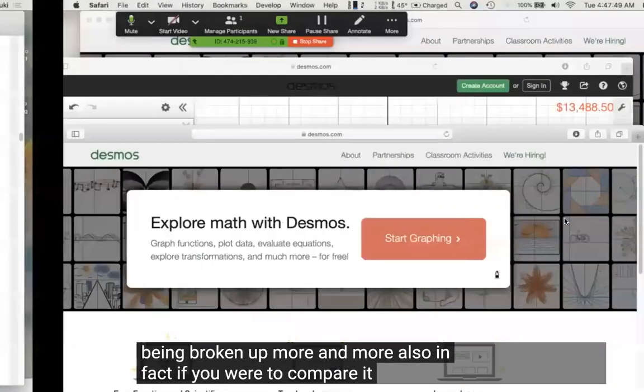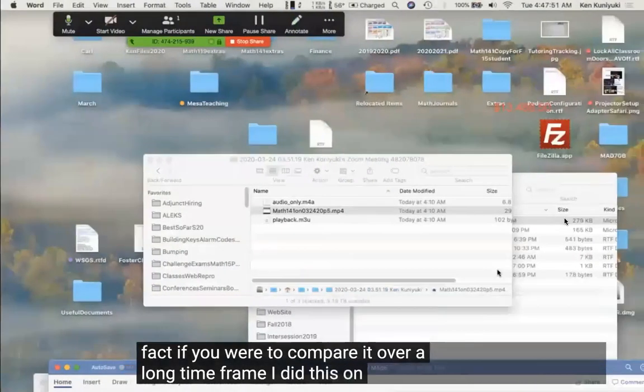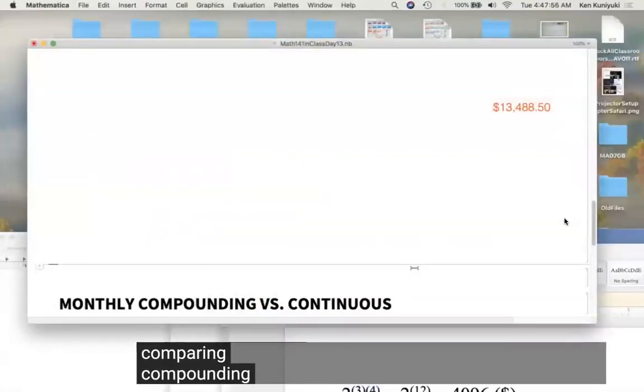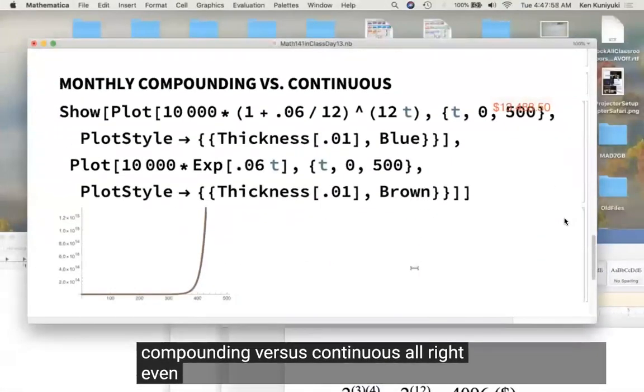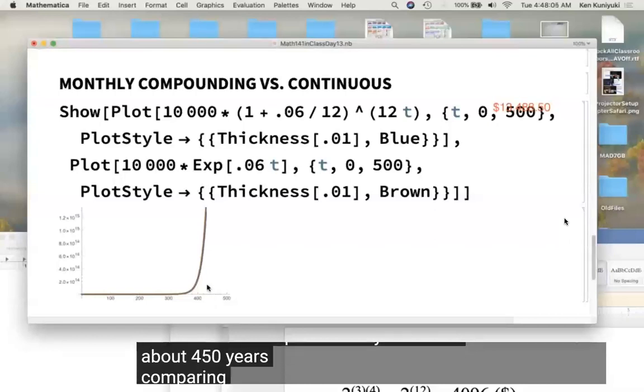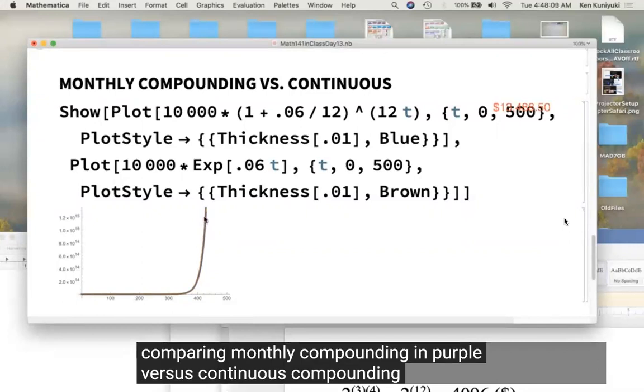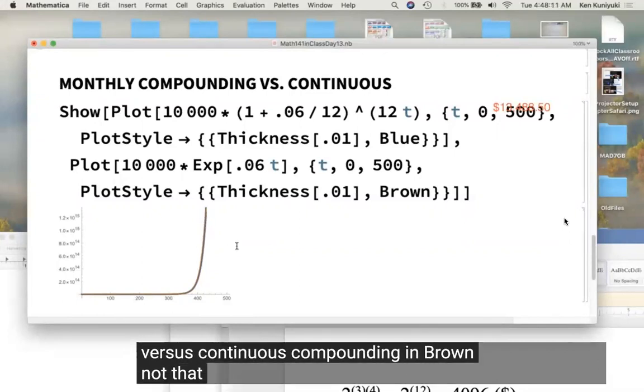In fact, if you were to compare it over a long time frame, I did this on Mathematica, right? Comparing monthly compounding versus continuous, even over a time span of about 450 years, comparing monthly compounding in purple versus continuous compounding in brown, not that much of a difference.